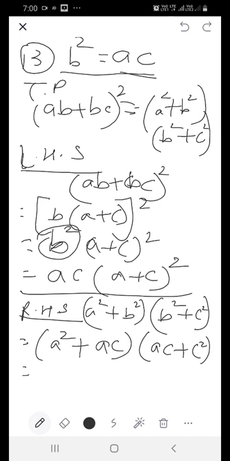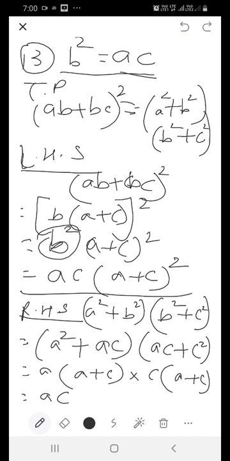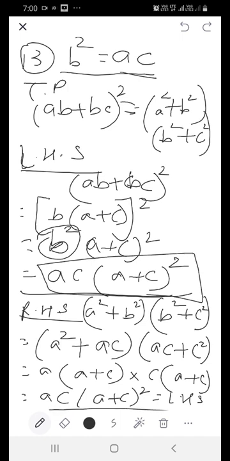Now in the first binomial I can take A common, it will be A plus C. In the second binomial I can take C common, it will be A plus C. A and C multiplied become AC, and two binomials will become (A plus C) whole square. This is equal to your left hand side, as you can compare and see. So you will write this is equal to your left hand side and hence proved.